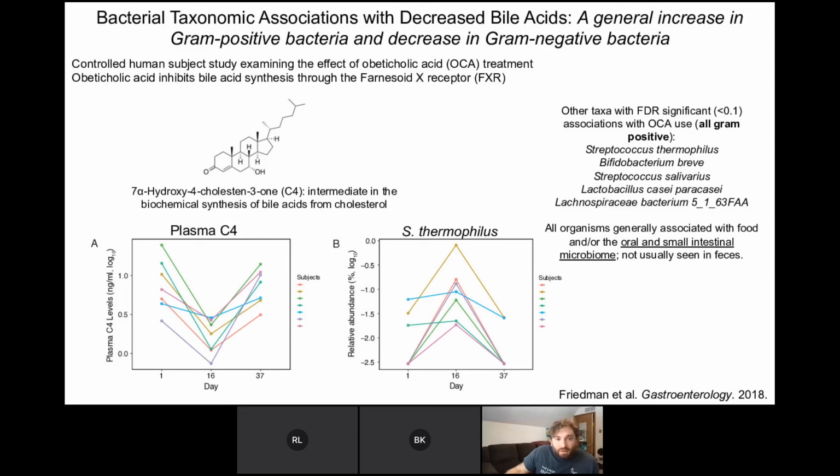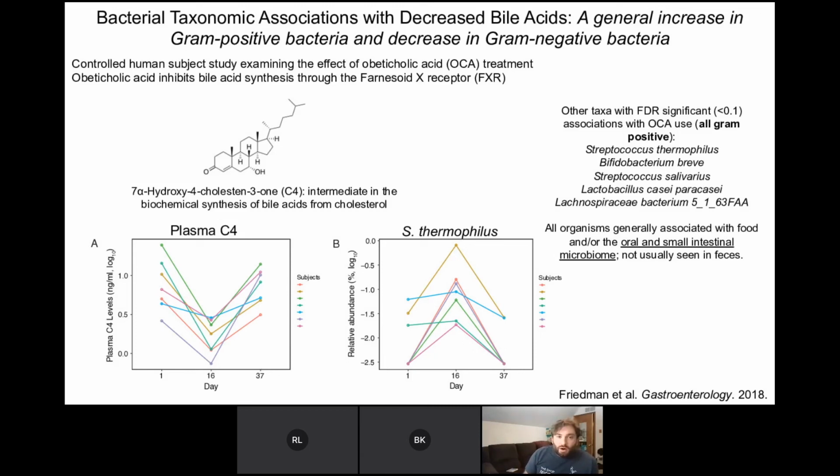And when we look at the fecal microbiome, we actually see an inverse pattern, shown here in the most significant organism, Streptococcus thermophilus. But there are actually 4 other organisms listed here that had FDR significant associations with OCA use, and I'll note that they're all gram-positive organisms.